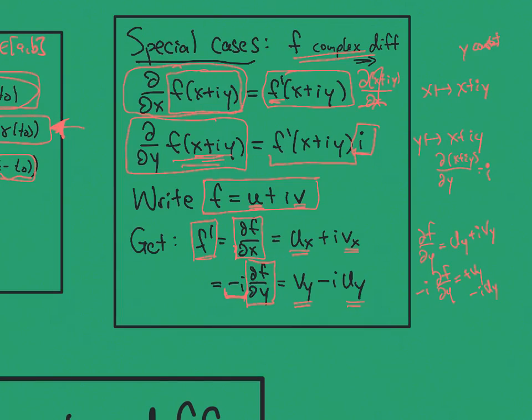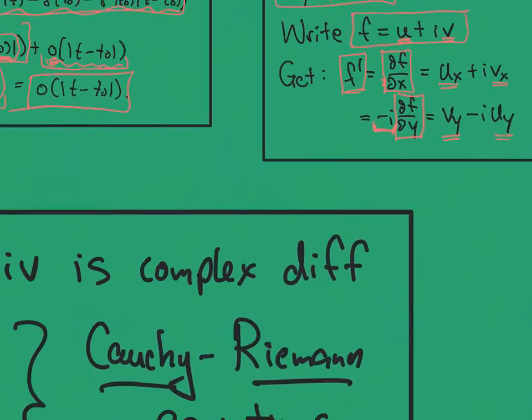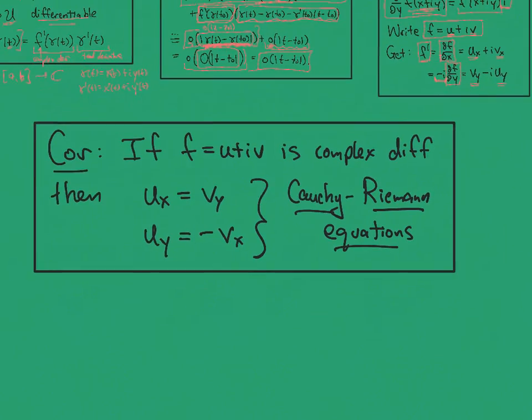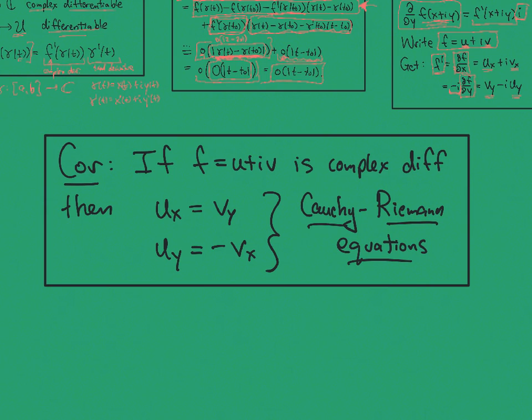Okay, and this simple observation gives us the following result. If f is complex differentiable at a point, and we break it up into its real and imaginary parts, then the real and imaginary parts have to satisfy this equation.